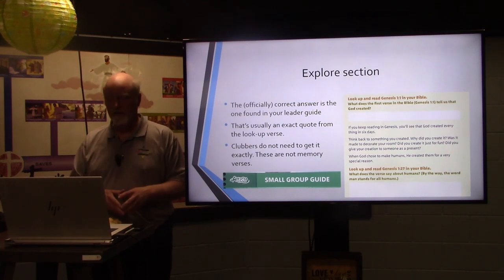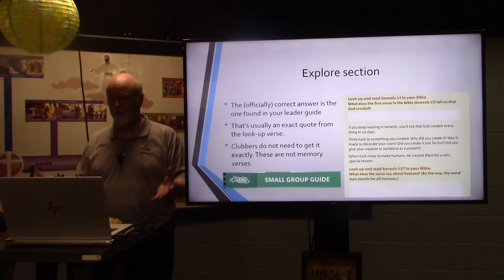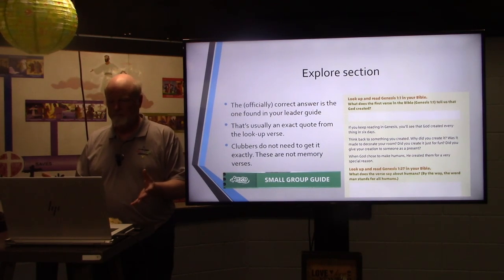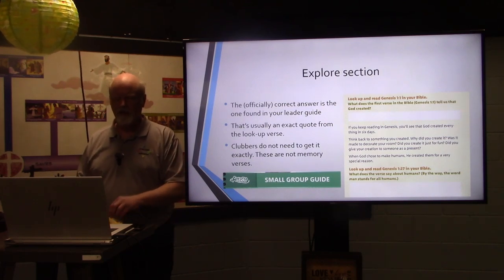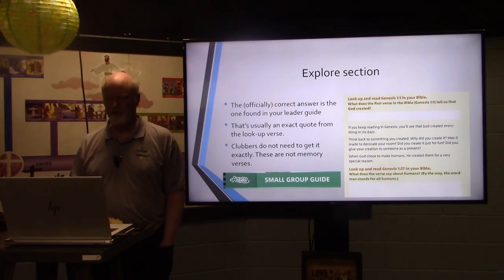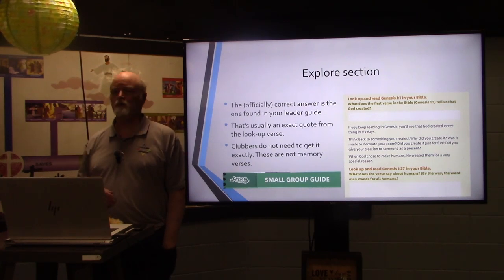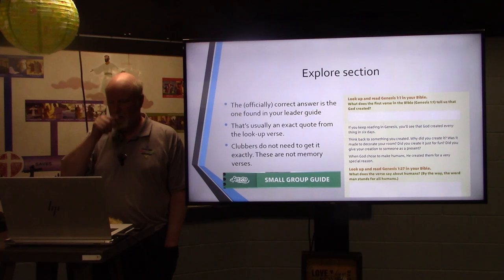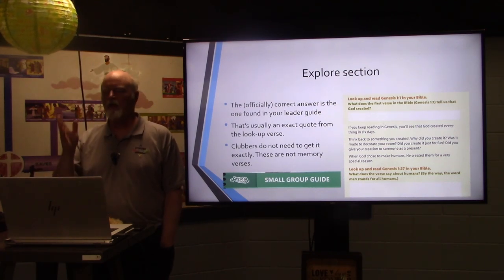But if it's Genesis 1:25, the man and his wife were in the garden together and they were naked and unashamed, we're not expecting them to know 1:25. Oh, that's the nudist verse, and answer some question about it.